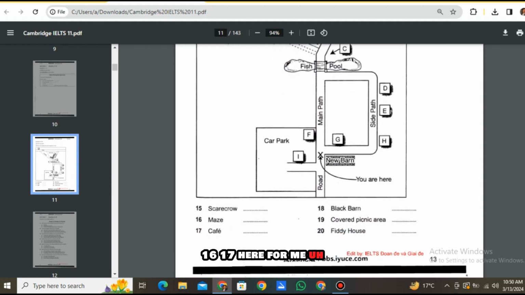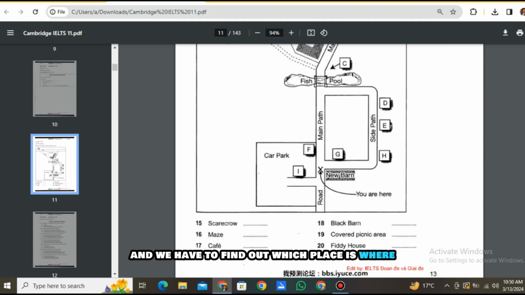Scarecrow, maze. Now what we have to do in this type of question, we are going to listen to the audio and we have to find out which place is where on the map. I wanted to say that the examiner or the audio will tell us that the F place, which is near to the car park and on the main path, is the scarecrow.